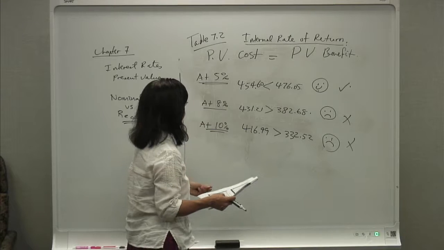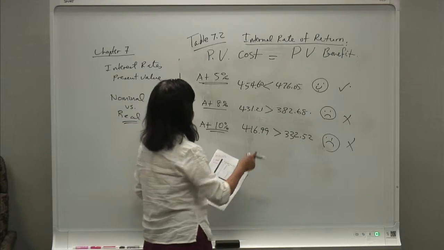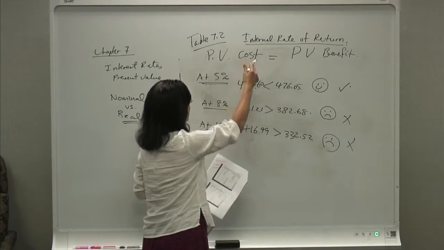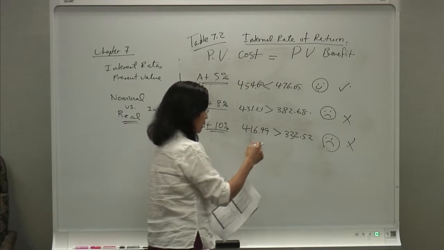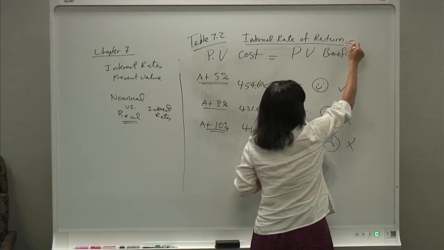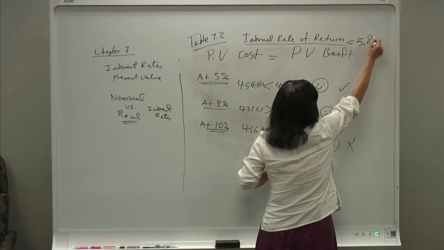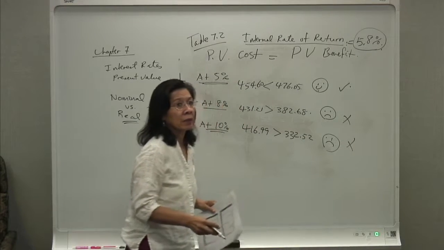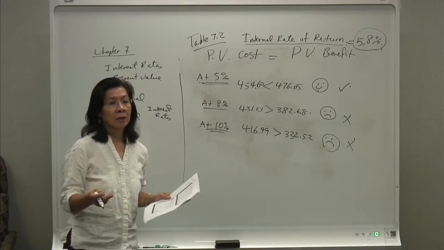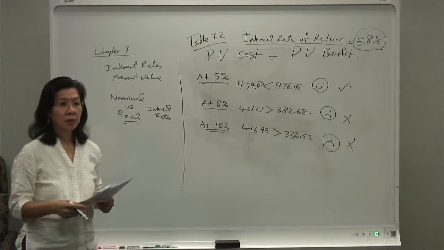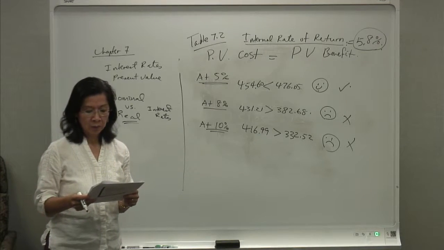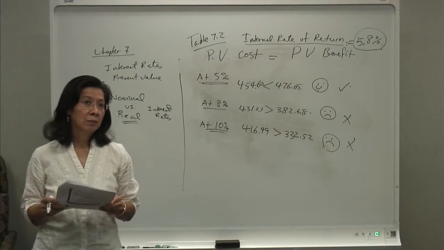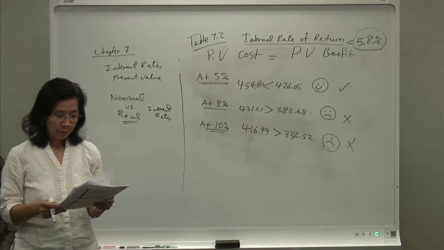If you read the book here, it turns out that in this particular example, when you hit the internal rate of return exactly is when you have 5.8%. So this is an optimal interest rate at which you would be most profitable, because that's when the present value of your benefit is exactly equal to the present value of your cost.